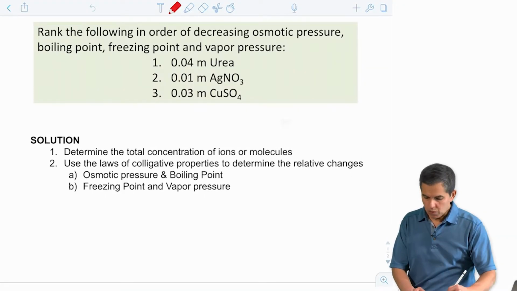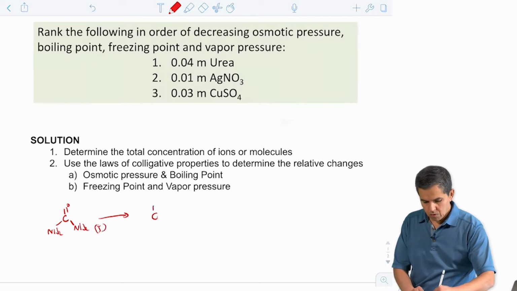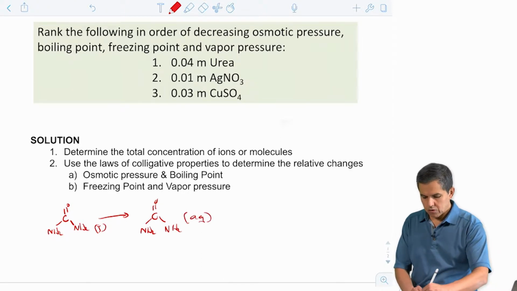Urea gives in solution 1 mole per mole that was in the solid state. So i equals 1.